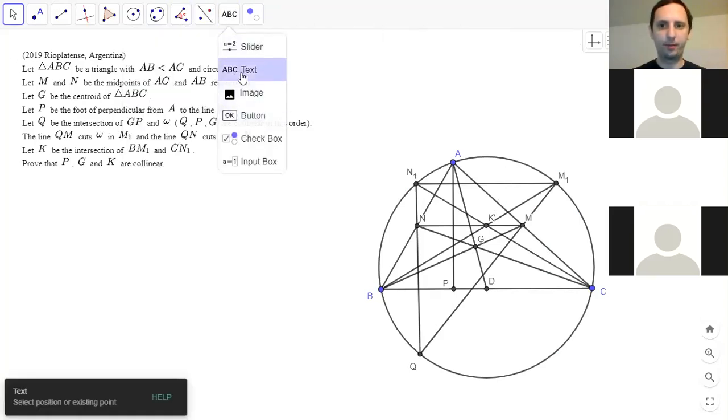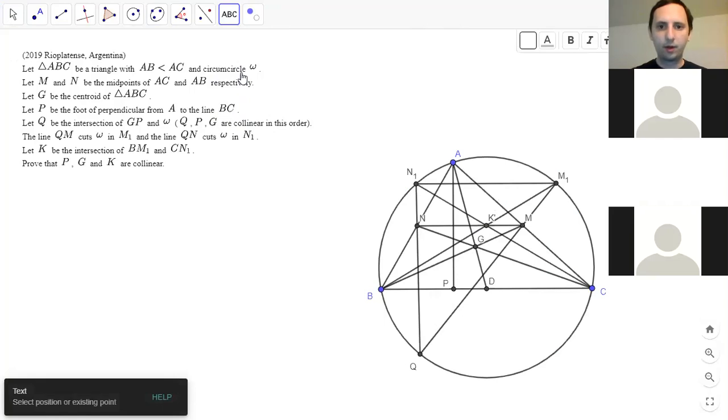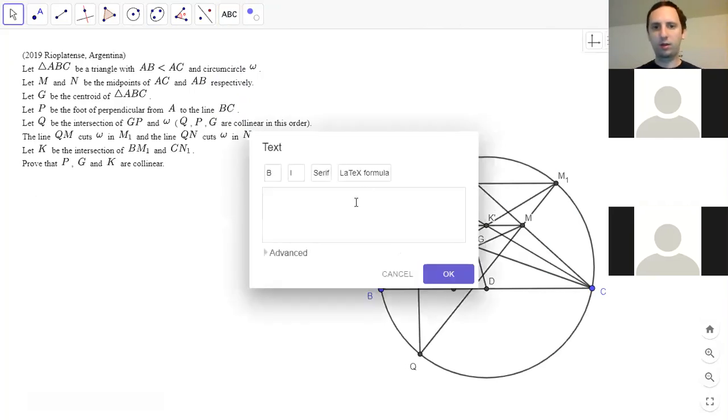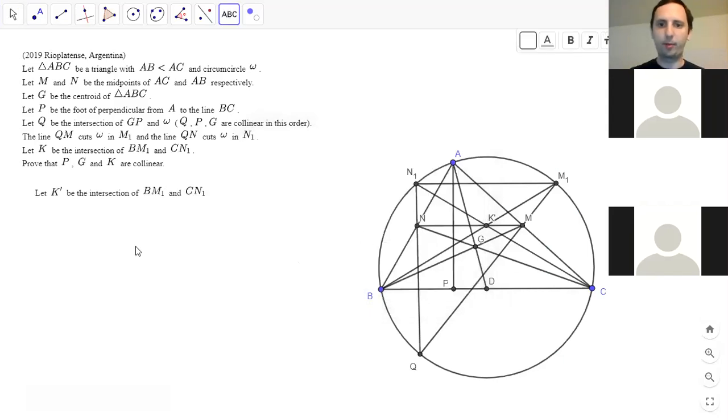So here's how I'm going to write it up. All right, so that's the first step. And then by Pascal's theorem, N, K prime, and M are collinear.